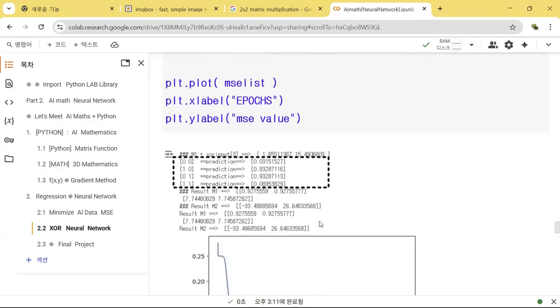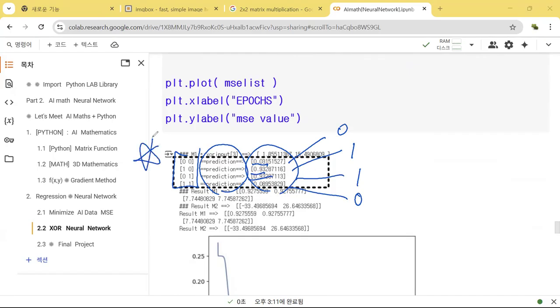So like this. The prediction is like this one or this one. Usually now this is 0.93, and the true value is 1. 0.93 is 1. 0.1 is 0. So it's almost equal to the true value. Okay.